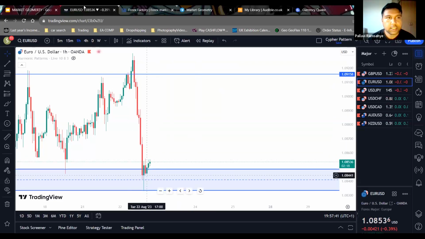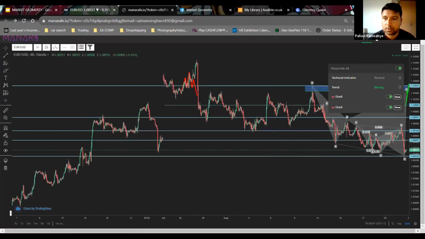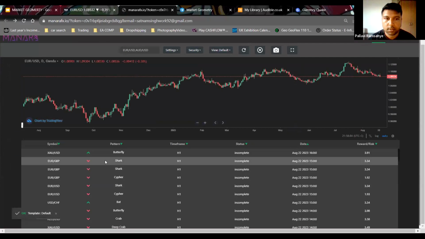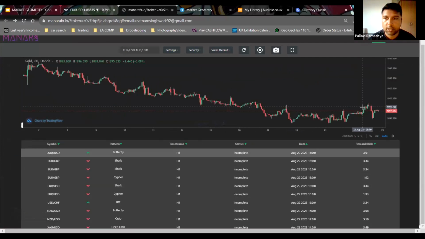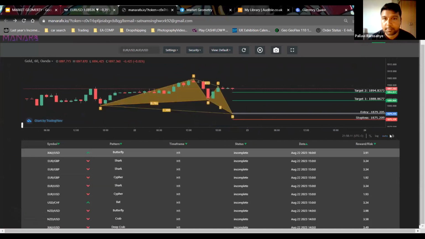How that would affect Euro USD: if the dollar loses power, Euro USD is going to fly. The same for gold as well. If I bring back gold on here. It's the same for gold. Even though this is saying that gold might come down as this incomplete pattern completes, if the US dollar loses power, gold is just going to keep going up.